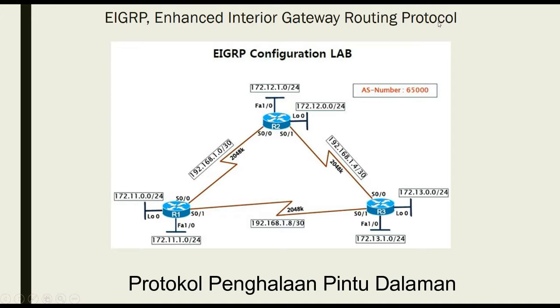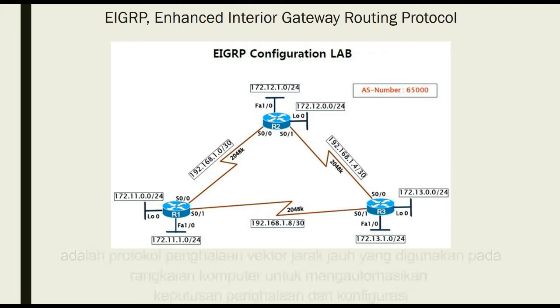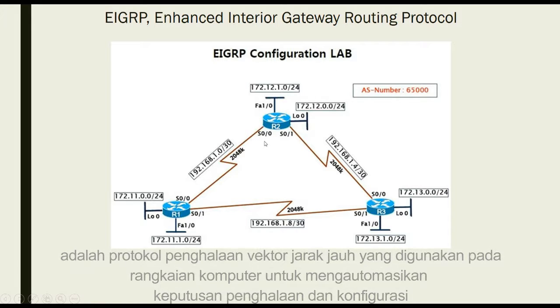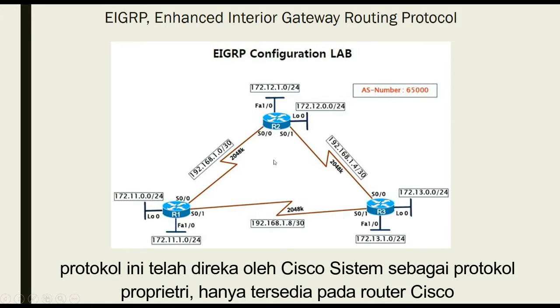Enhanced Interior Gateway Routing Protocol (EIGRP) is an advanced distance vector routing protocol that is used on a computer network for automating routing, decision, and configuration. The protocol was designed by Cisco Systems as a proprietary protocol, available only on Cisco routers.